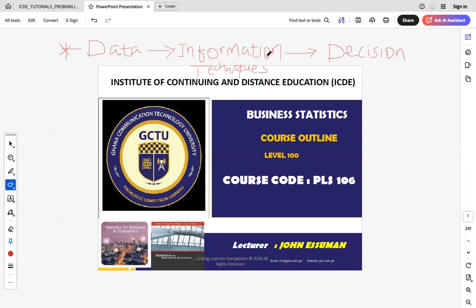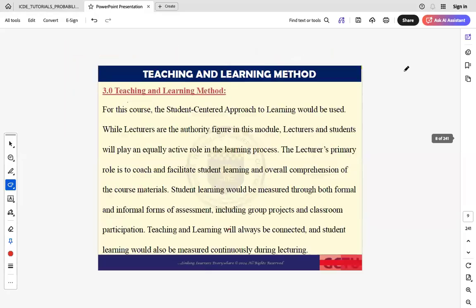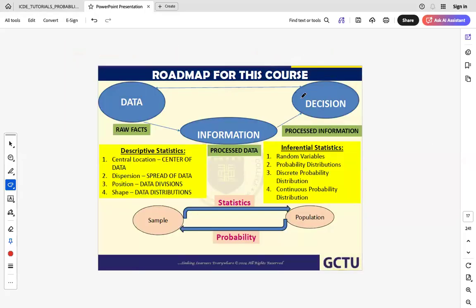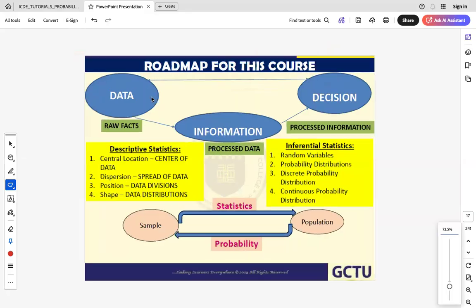And then once we get the information, a quality decision can be taken out, like I displayed in our roadmap last week. So we are still working with the roadmap.